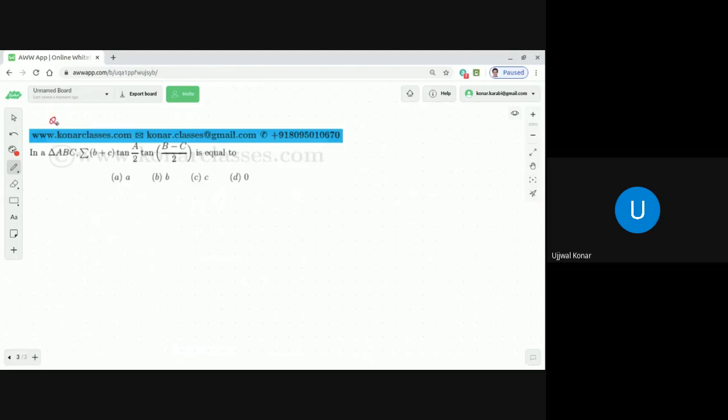Question number 3 is in front of you, dear students. Here you need to find the value of the summation over (b plus c) tan A by 2 into tan (B minus C) by 2.